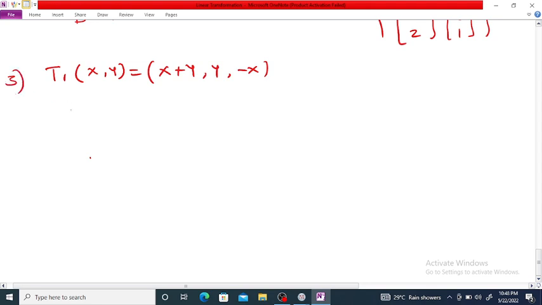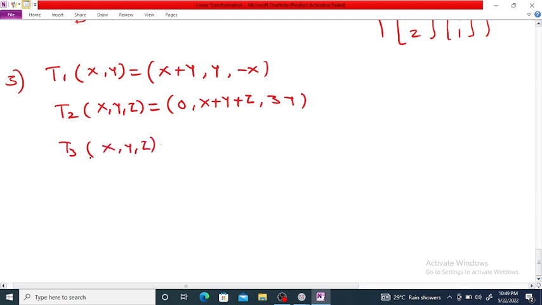Third example, T2 of (x, y, z) is equal to (0, x plus y plus z, thrice y), and T3 of (x, y, z) is equal to (thrice x minus twice y, twice y, and 4z minus x minus thrice y).